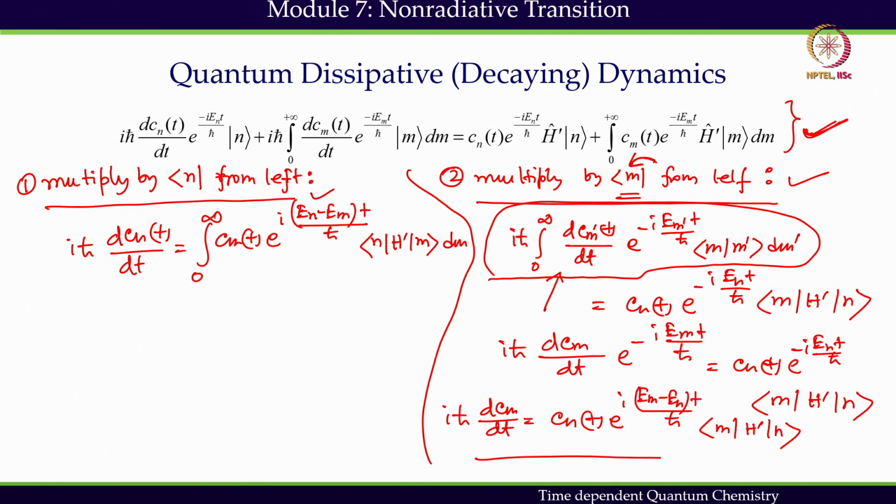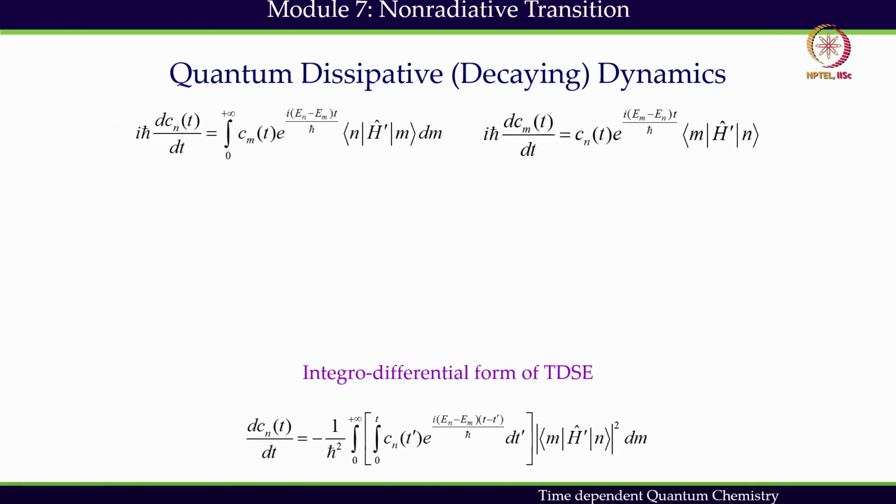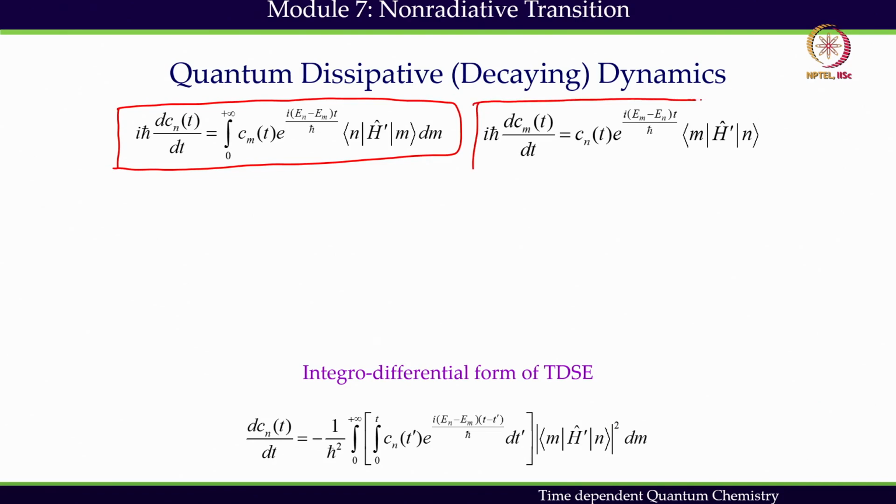So what we get finally after doing all these things, we get two coupled differential equations. One depends on the other. These are the two coupled differential equations we have obtained after inserting that initial trial wave function into the TDSE.